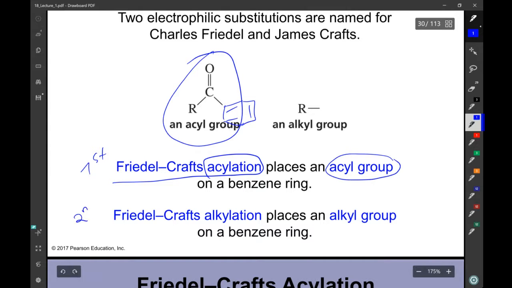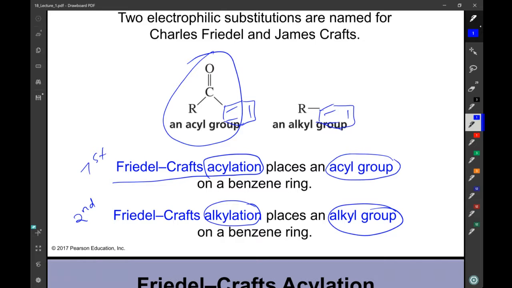The second type is an alkylation reaction, and in an alkylation reaction, you are simply adding an alkyl group. If I put my benzene ring here, that will usually be the product of my Friedel-Crafts alkylation.